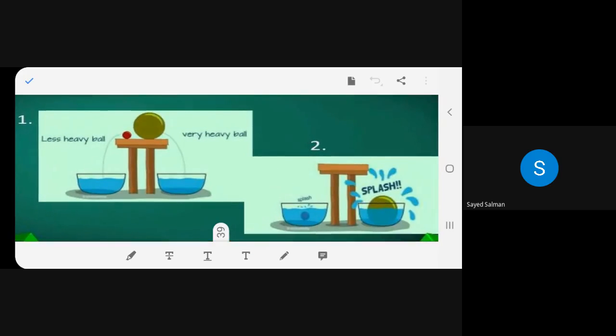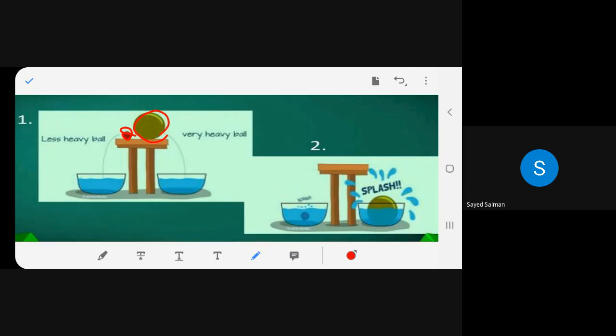What you see over here, I will explain this. There are two balls. One is the small ball, the red one, which is less heavy, and the bigger ball, which is olive in color, a heavy ball. And what we do, we try to drop these balls from one height into a bowl of water.